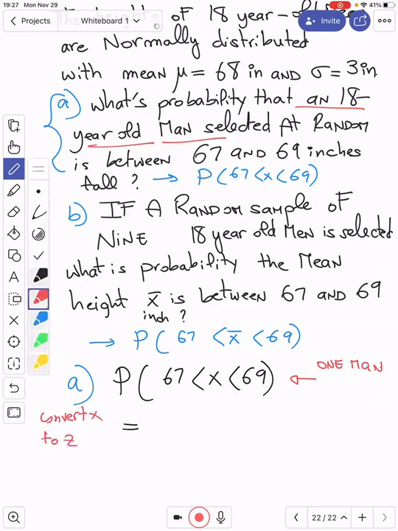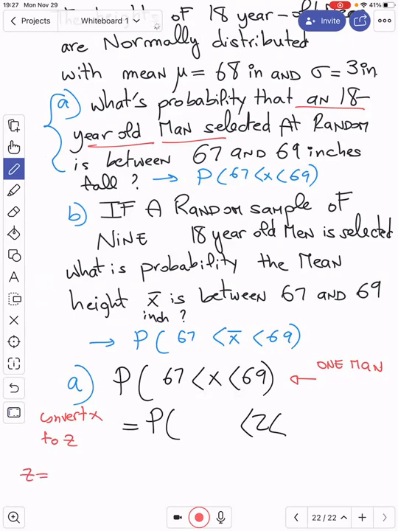Just to remind you of the relation between Z and X, Z is actually X minus mu over sigma. So it's 67 minus mu, where mu is 68, and sigma is 3 inches.